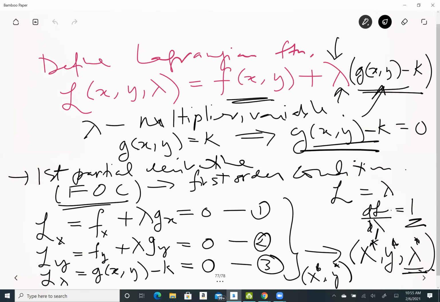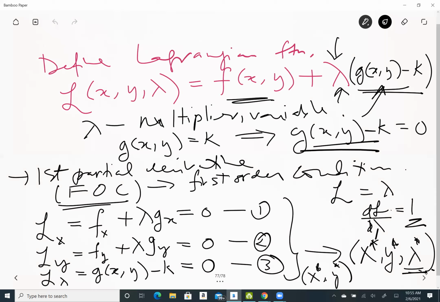From 1, if you bring everything to the right, just keep lambda at the left, what do I get? Lambda equals what?